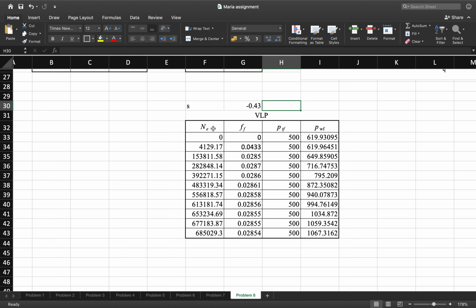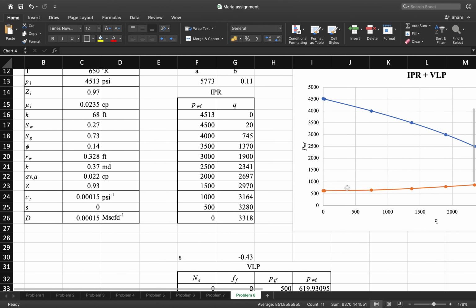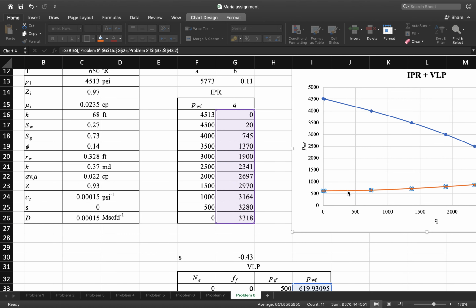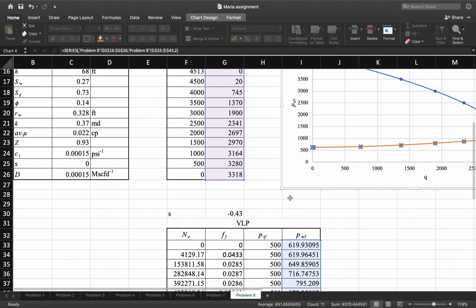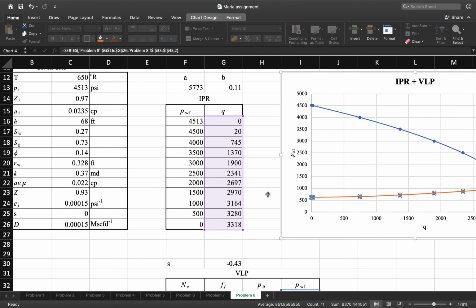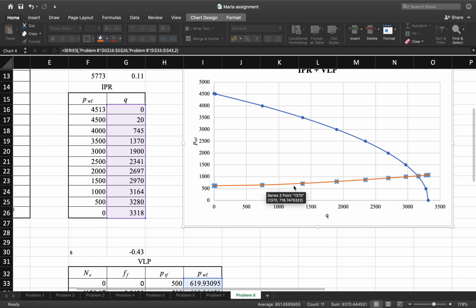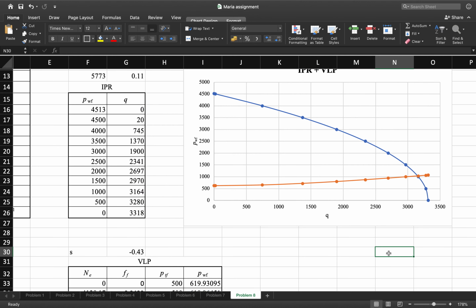I calculate the Reynolds number, and the FF, the BTF, and the BWF again. Then I have the plot between the BWF here and this one. We have this line, between the bottom hole pressure here and the flowing here. This one is the IPR curve.